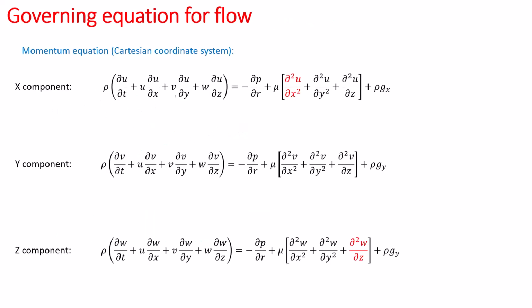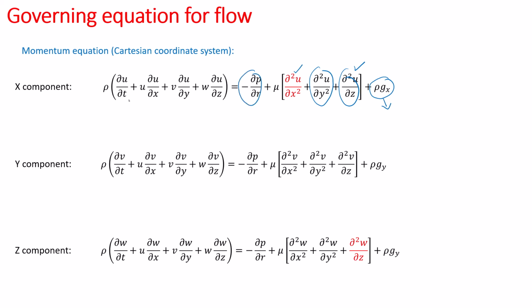Okay, now we have the momentum equation for the x component, y component, and z component in Cartesian coordinates. This is the normal stress, and this is the shearing stress for the x component. This is the body force because of gravity, and this is the pressure gradient in the pipe or in any application.